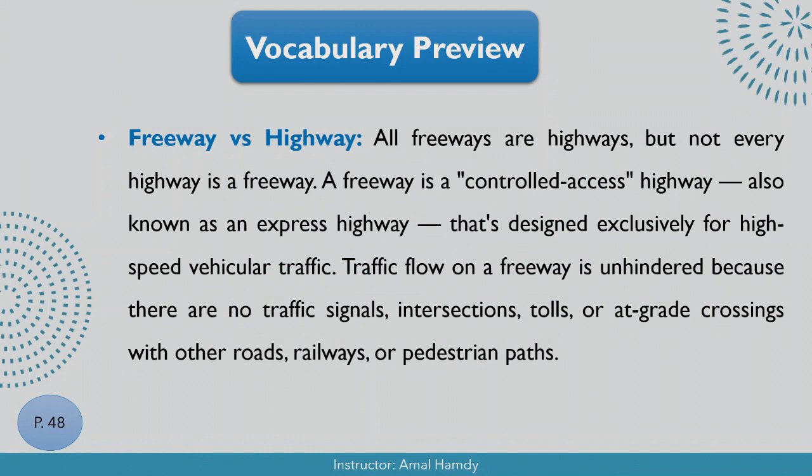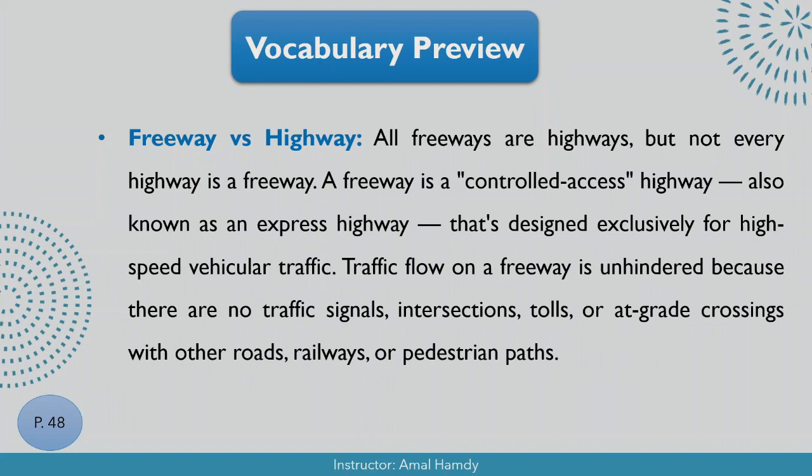A freeway is a controlled access highway, also known as an express highway, that is designed exclusively for high-speed vehicular traffic. Traffic flow on a freeway is unhindered because there are no traffic signals, intersections, tolls, or at-grade crossings with other roads, railways, or pedestrian paths.